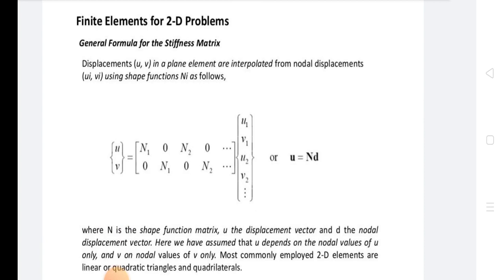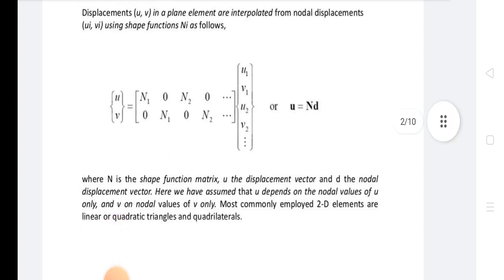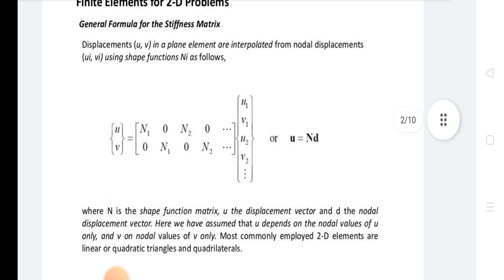So {u v} is equal to [N1 0 N2 0; 0 N1 0 N2] {u1 v1 u2 v2}, or u is equal to Nd, where N is the shape function matrix, u is the displacement vector and d is the nodal displacement vector.